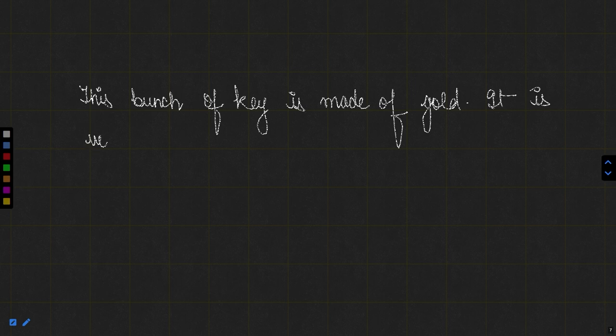Now just see this word, bunch. Bunch is obviously a collective noun, and it is followed by a singular verb. This bunch of keys is made of gold. It is used for the bunch, which is a collective noun. That is why I have used the word it, because a collective noun is always considered neuter gender. Also, it is always considered a singular noun.